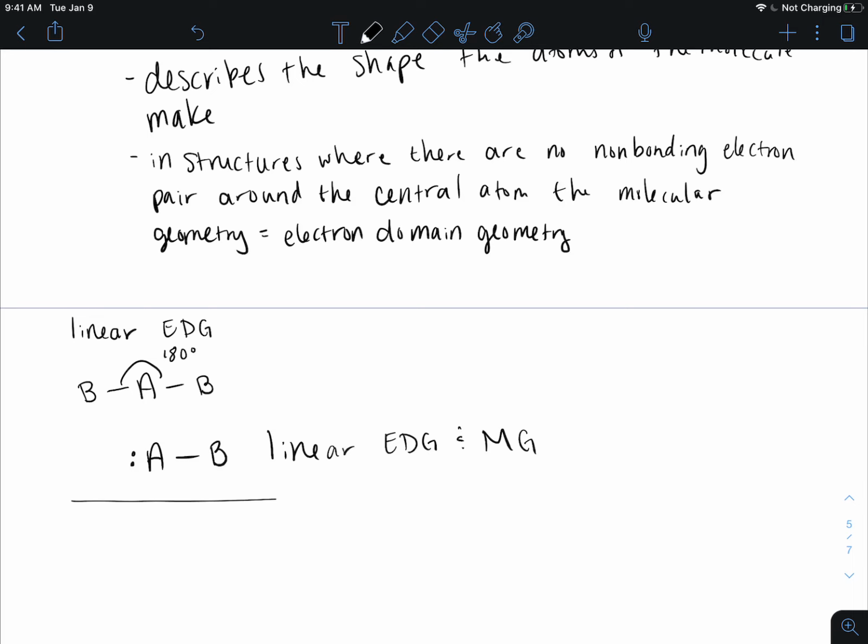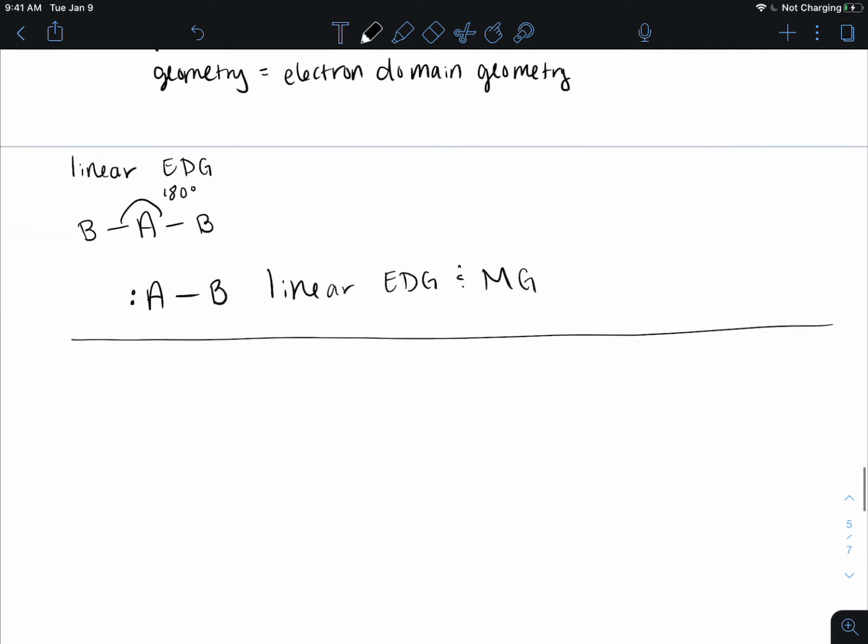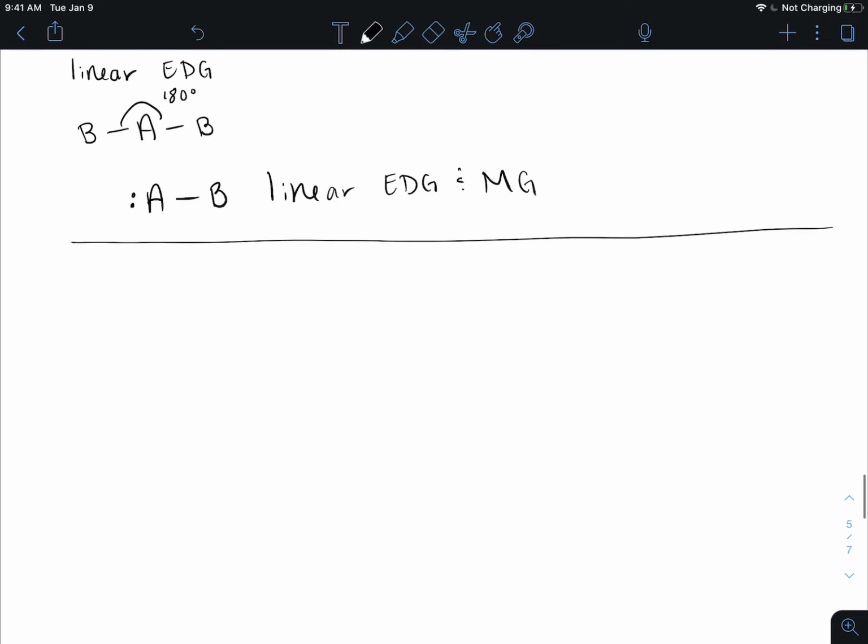So when we start looking at our other electron domain geometry, we go into trigonal planar electron domain geometry. We know we have this structure right here, and we have 120-degree bond angles.